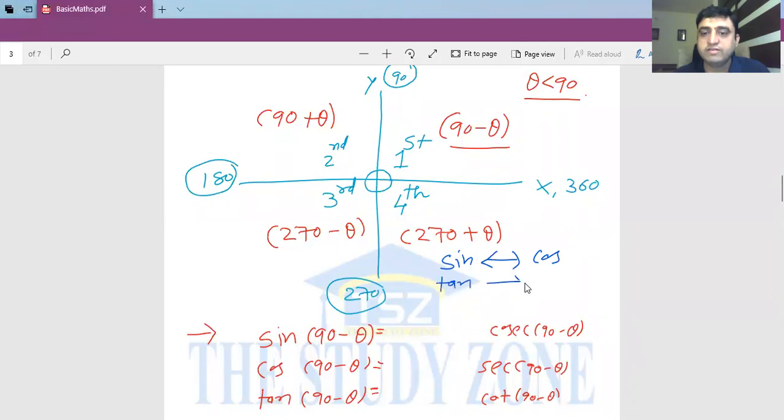Tan will be converted to cot, and cot will be converted to tan. Sec will be converted to cosec, and cosec will be converted to sec.